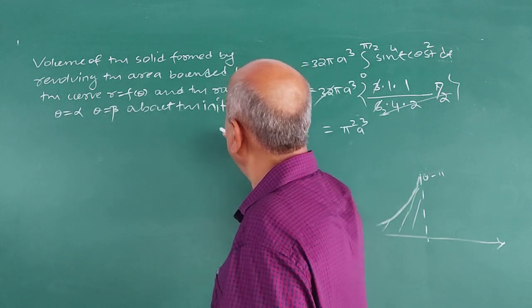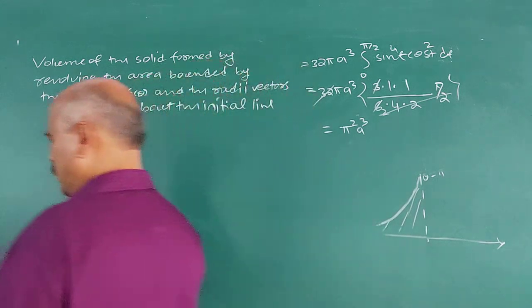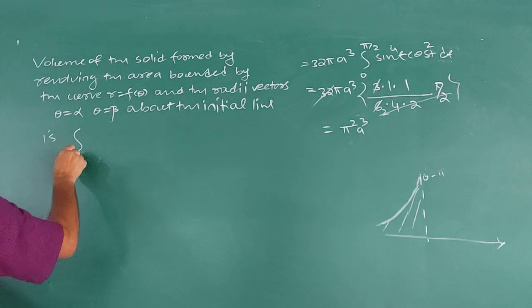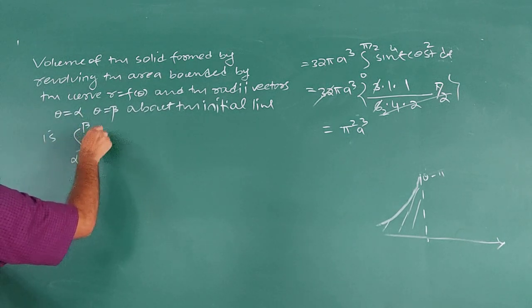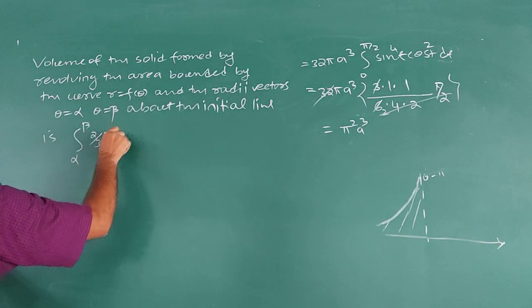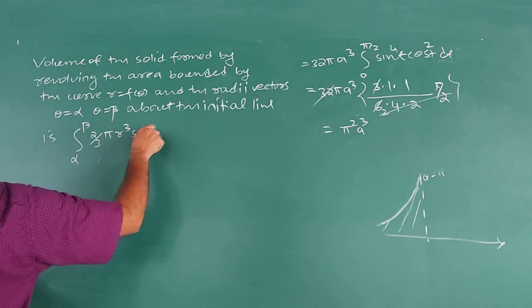About the initial line, it is the integral from alpha to beta of 2 by 3 pi r cube sin theta d theta.